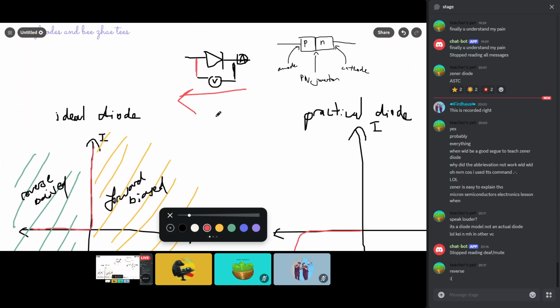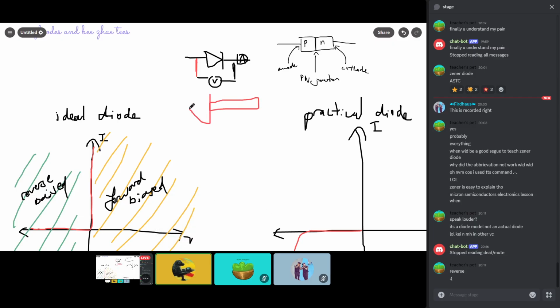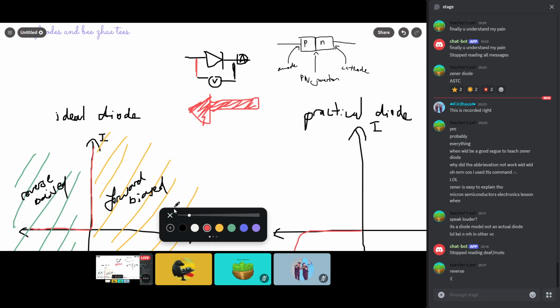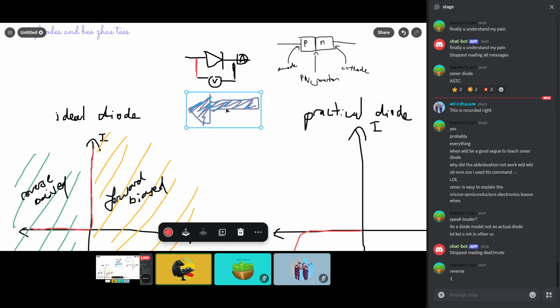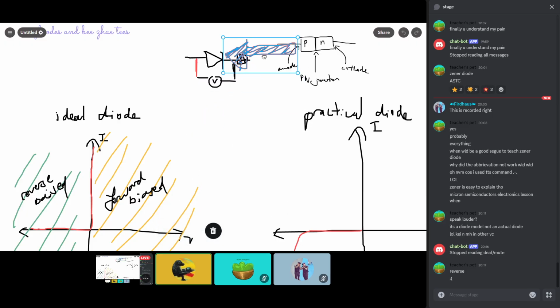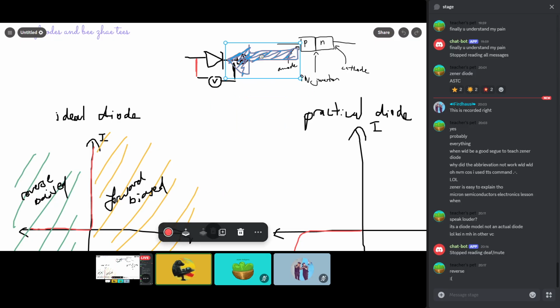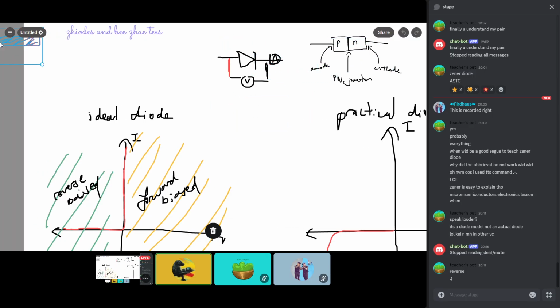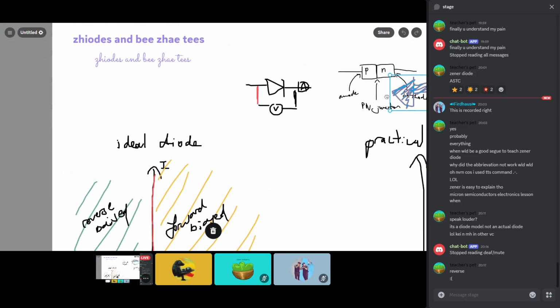Okay, so to put it in layman terms, if the voltage is high enough in the opposite direction, denoted by this massive arrow, then the arrow will break through the bar and just flow through in the opposite direction, like that.